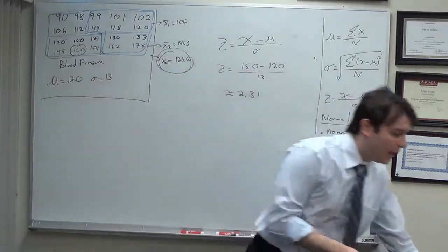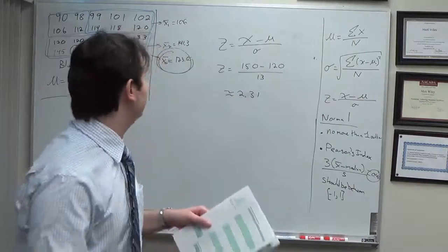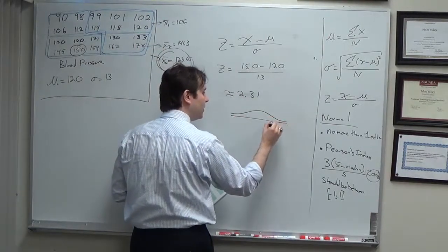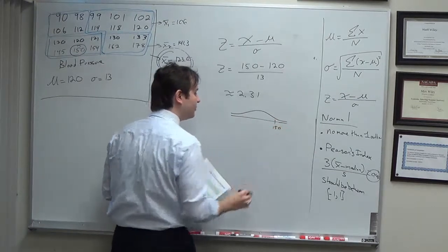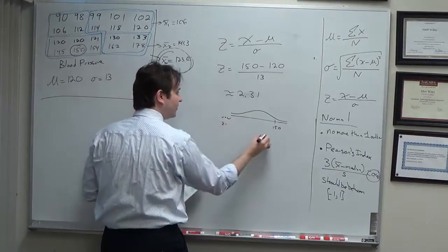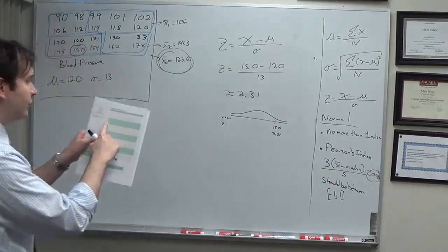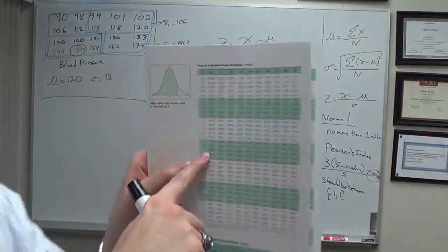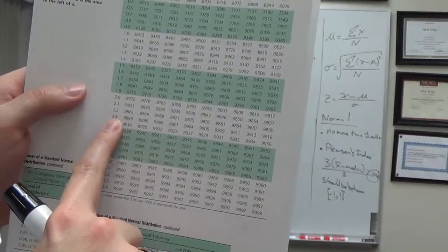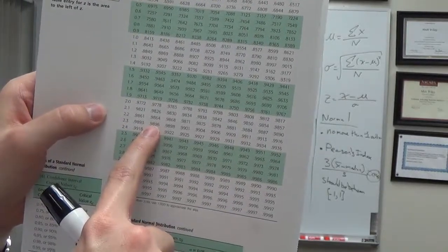We could look that up on our z-score chart for areas of standard normal deviation, and we could find that a blood pressure of a top score of 150 on our raw score, once we convert to z-scores, is a score of 2.31. And if you go down to 2.3 on your column here, go across to 0.01, we get 0.9896.